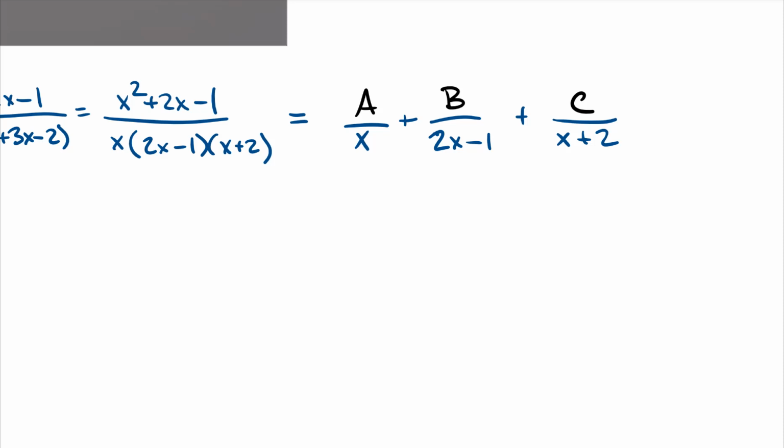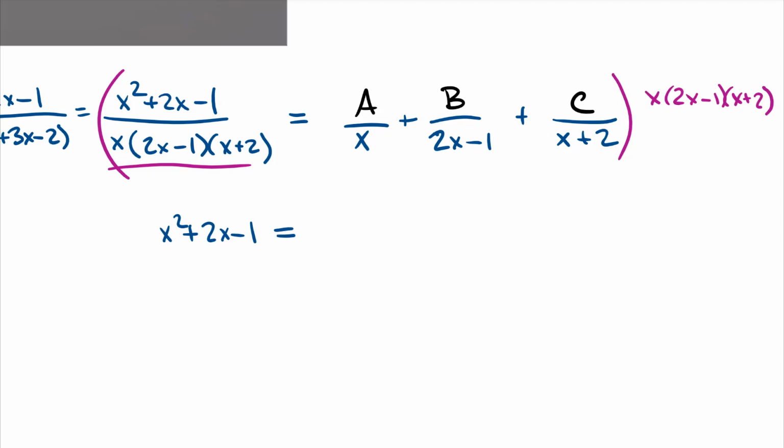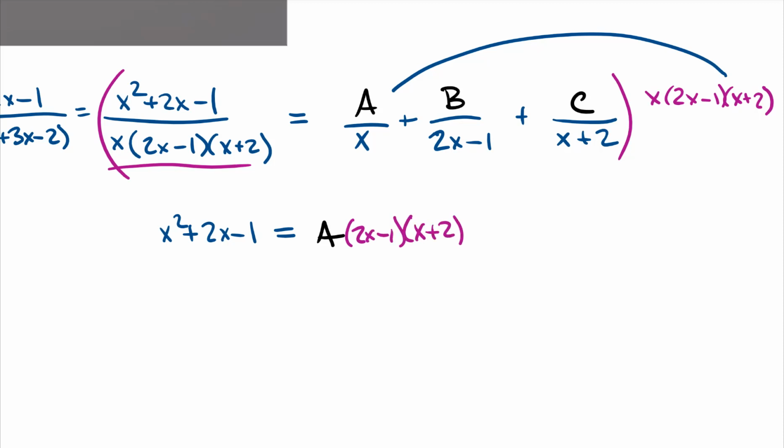All right, so then our next step, do you remember it from the first video? We're going to multiply by this denominator on both sides. Since on the left-hand side it cancels perfectly, we end up here. When we bring it in, you can see that the x will cancel out, and that'll just leave you with the 2x minus 1 times x plus 2.